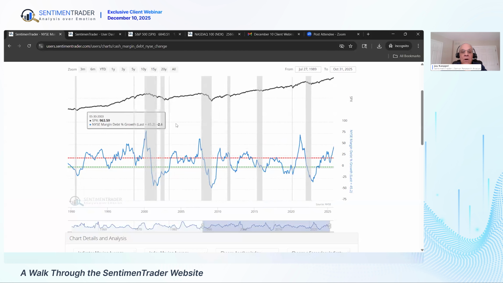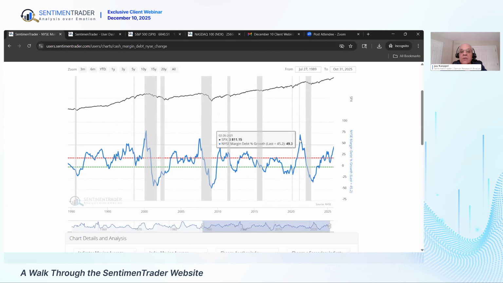Just like the last one I showed you, this was early, but turned out to be a useful signal. And then in 2021, when the stock market was doing great, we got up to a high number. And sure enough, in the next year, when inflation took a toll, stock market had a 20% drawdown. Where are we now? Well, as of the last time we've seen data, it's at 45.2%. So it's almost at 50.